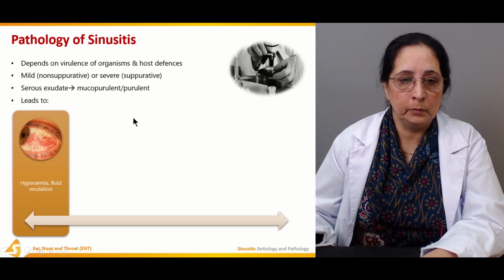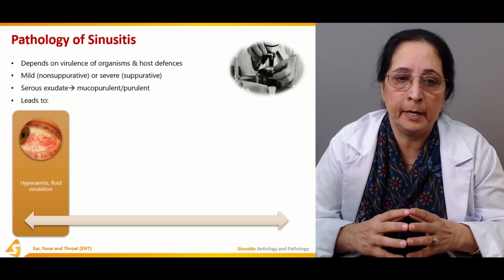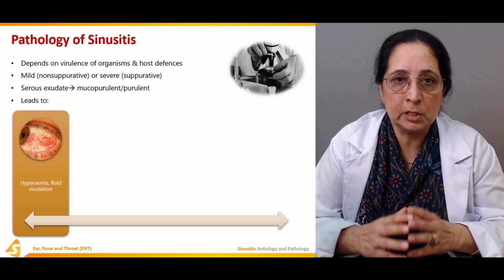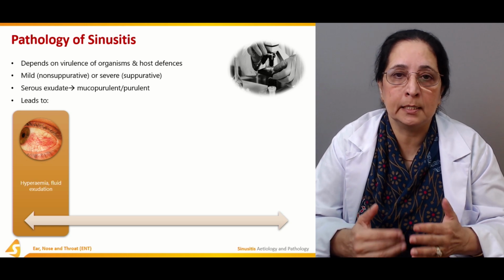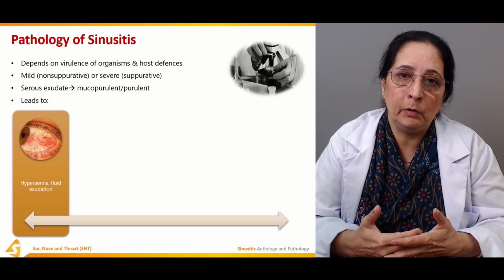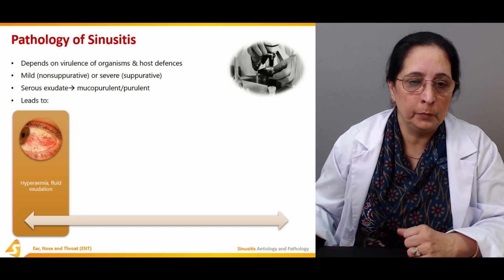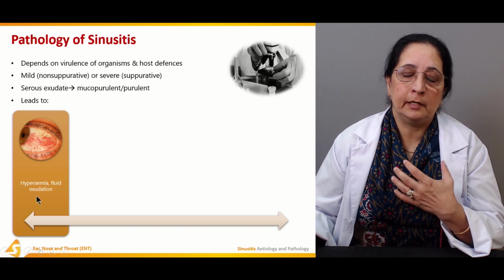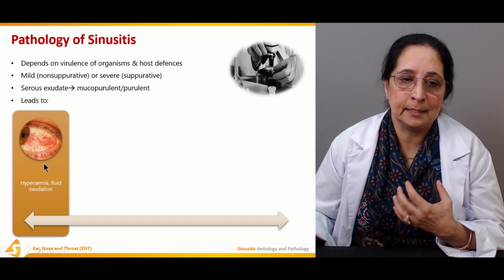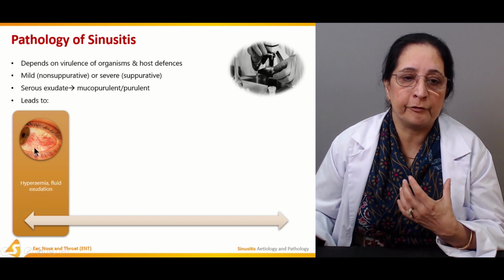After the involvement of the mucosal lining of the sinuses with different microorganisms, depending on the virulence of the organism, this can lead to hyperemia and fluid exudation. There is increased fluid present. Here you can see the picture with the swelling and redness.